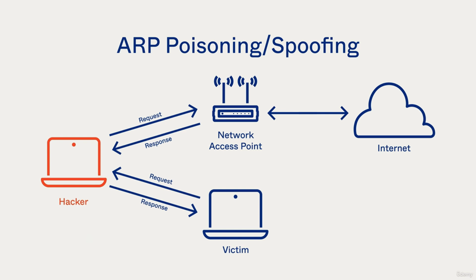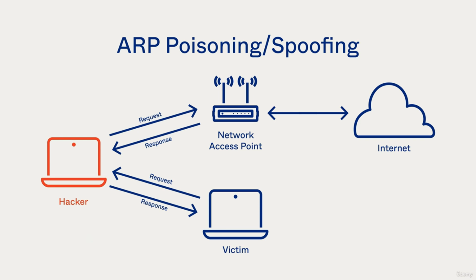Defending against ARP poisoning involves implementing security measures such as static ARP entries, using secure protocols like HTTPS, where HTTPS is Hypertext Transfer Protocol Secure and all of the data will be encrypted, and employing network security tools that can detect and prevent ARP spoofing. So understanding ARP poisoning and its implications is crucial for network administrators to protect their data from such malicious activities.